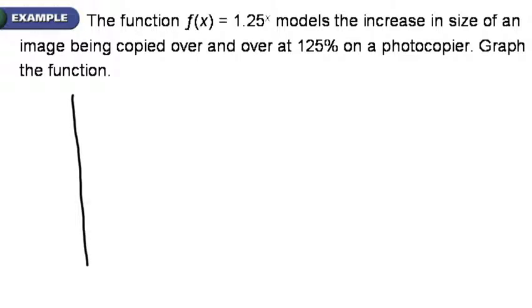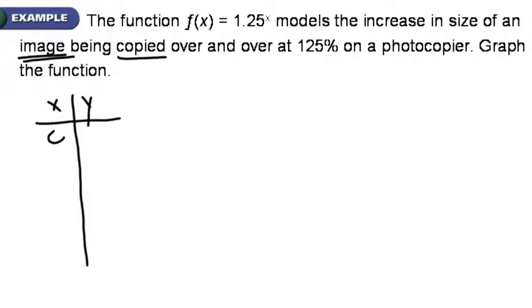Okay, now this is a real world situation, right? Because we're talking about copies, and we're talking about an image being copied. Can we have negative images? Nope. Can we have negative copies? Nope. So we're not going to have any negative x's.